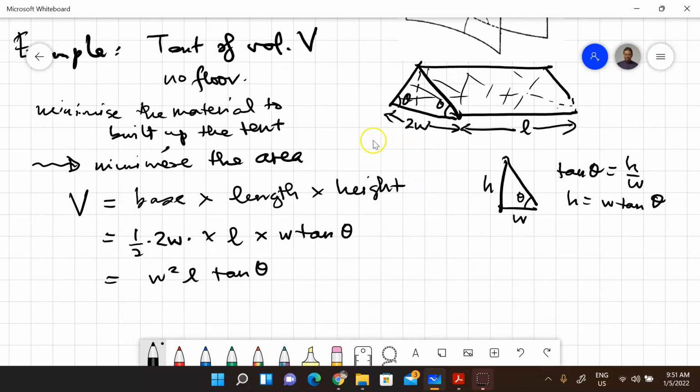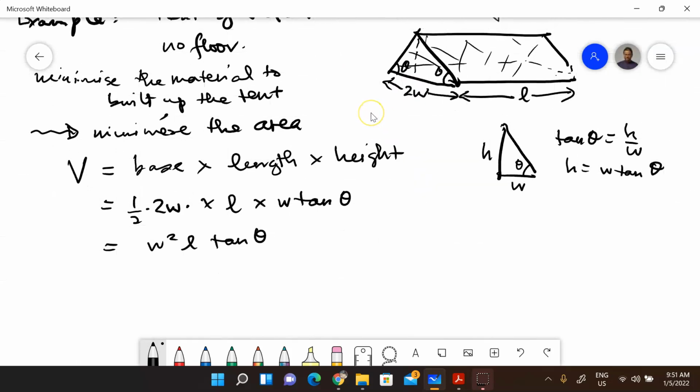Okay, so to work out the area, you have to work out this area and this area, and it's being repeated twice there. So I'm just going to write things down now without too much explanation.